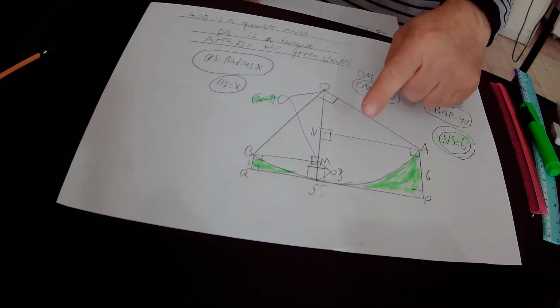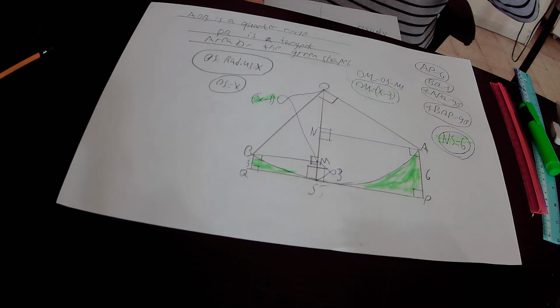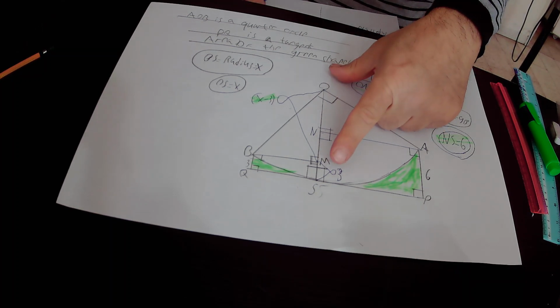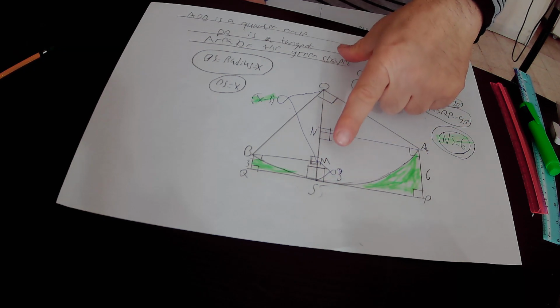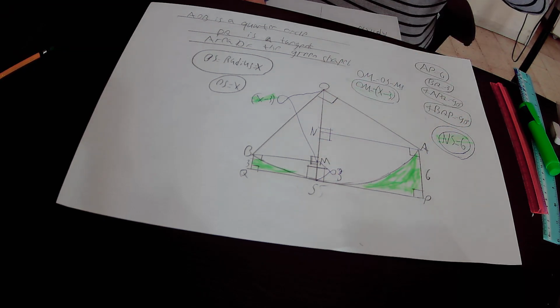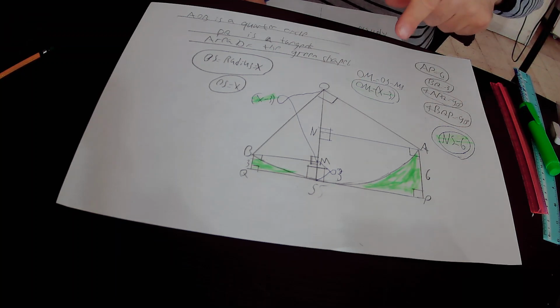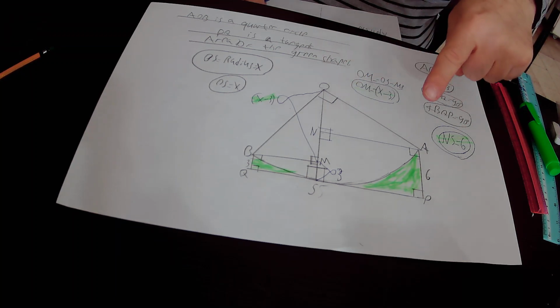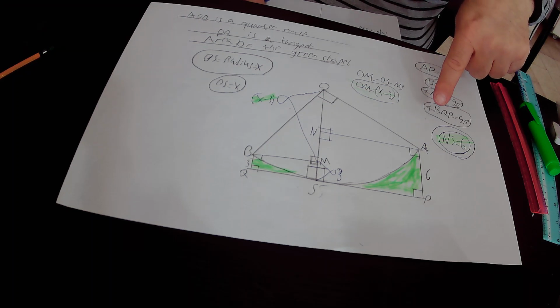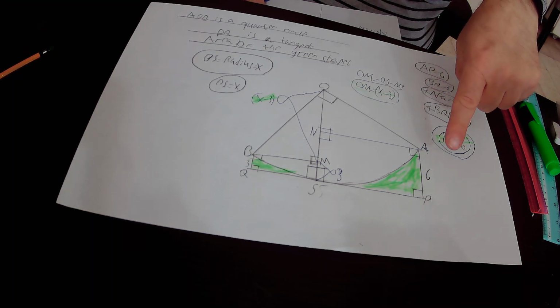But here, side SN is part of the straight line OS. So if part of a straight line is parallel to another straight line, then the straight line OS itself must also be parallel to the other straight line, that is AP.